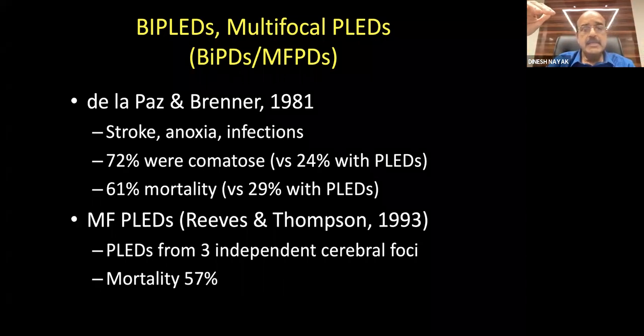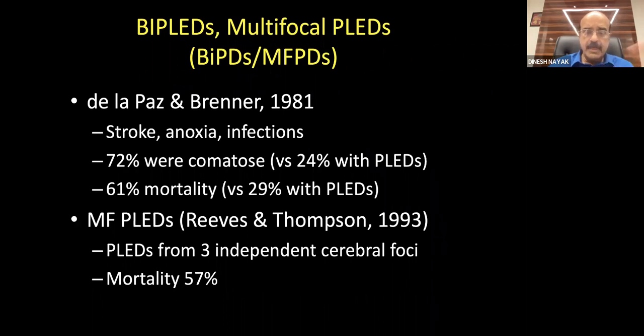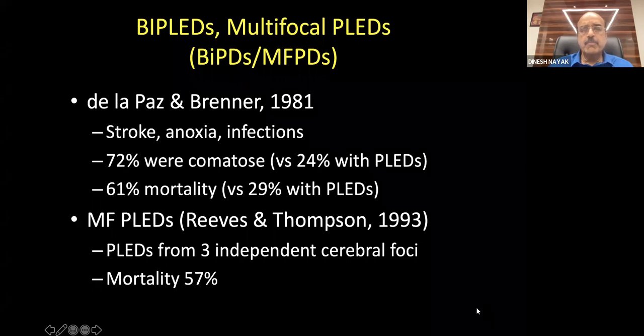And mortality is very high if you have bilateral independent PLEDs, or multifocal PLEDs. If you have 3 or more independent cerebral foci within one hemisphere, that's called multifocal PLEDs. And it means more severe injury and more chances of being comatose and much higher rates of mortality. So that's what the indication is.